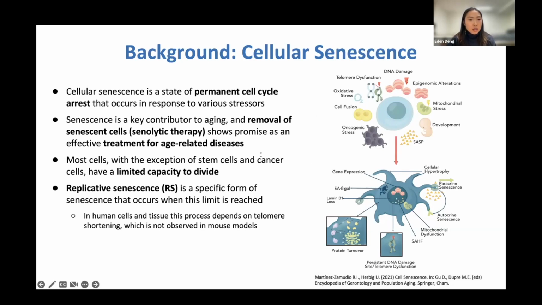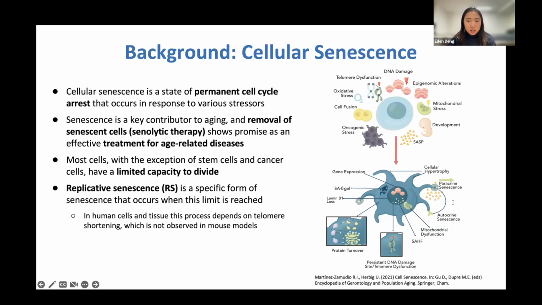One of the reasons we chose to focus on RS as opposed to other forms of senescence has to do with an interesting difference between mouse models and humans. Mice, which have been a popular model used to study senescence in vivo, have been shown to have RS occur by different mechanisms in murine cells compared to human cells.